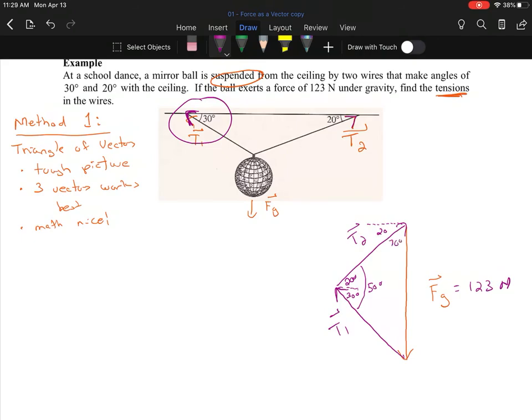That's a 50. That's a 70 in there. And so now I'm going to go after tension 1, just using sine law. The magnitude of tension 1 over sine of the angle there, 70, has to come out to the 123 over the sine 50. Those are the things we were given.